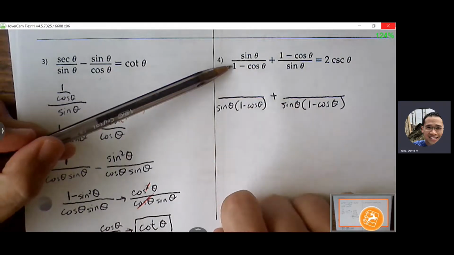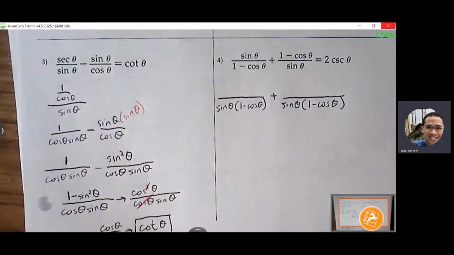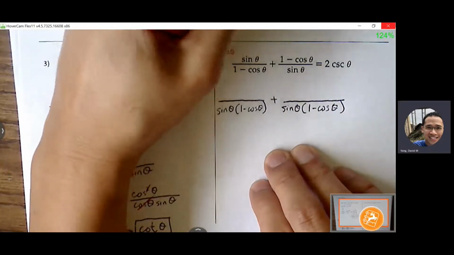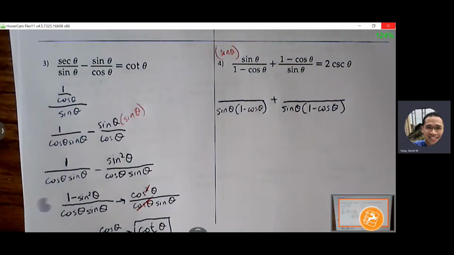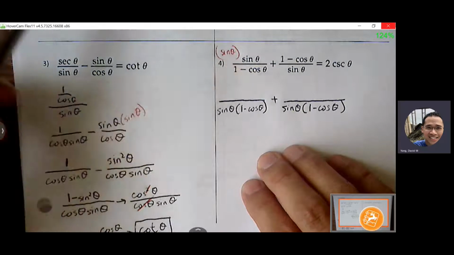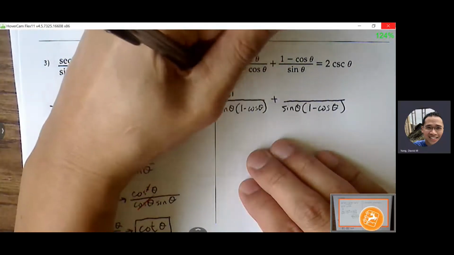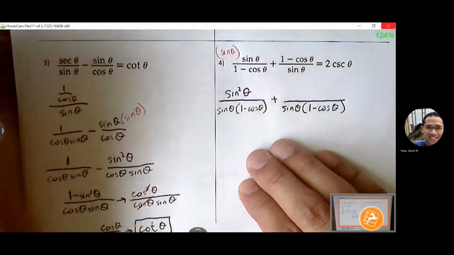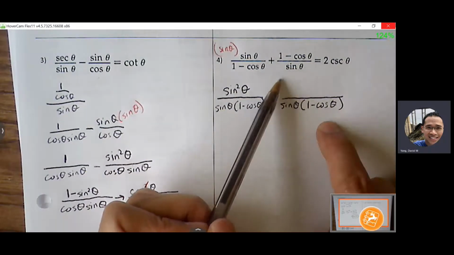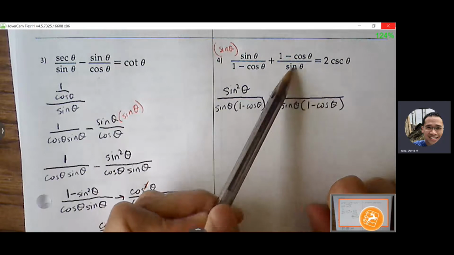This denominator is missing a sine theta. So the balancing act is I need a sine theta for the numerator. Sine times sine is sine squared. Second fraction, old denominator versus new denominator.